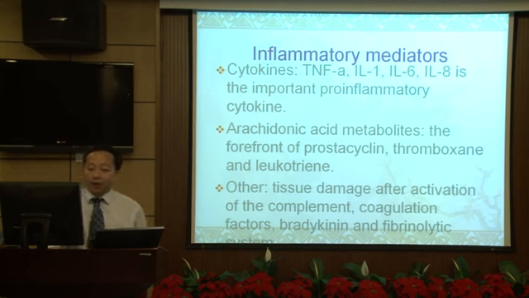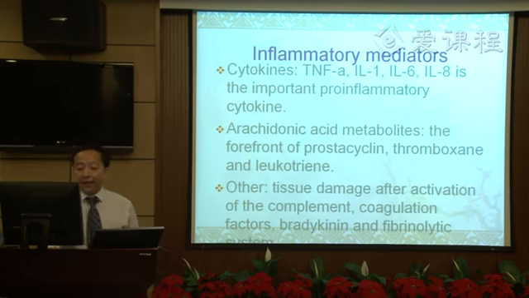The early arachidonic acid metabolites include prostacyclin, thromboxane, and leukotriene. The other inflammatory mediators arise from tissue damage after activation of the complement, coagulation factors, bradykinin, and the fibrinolytic system.